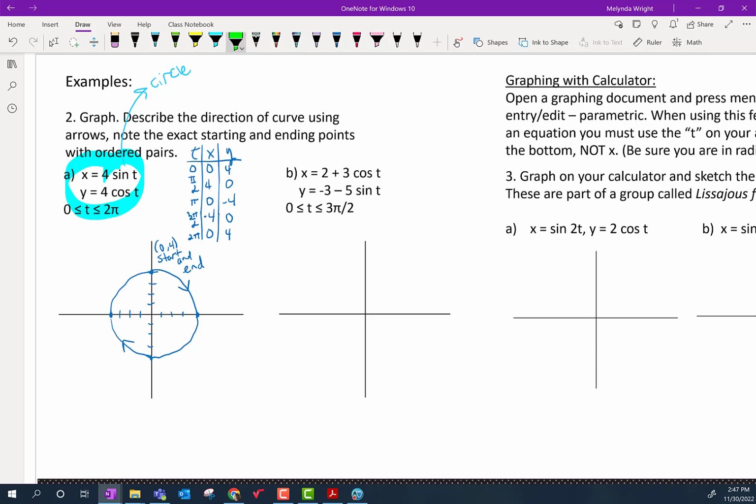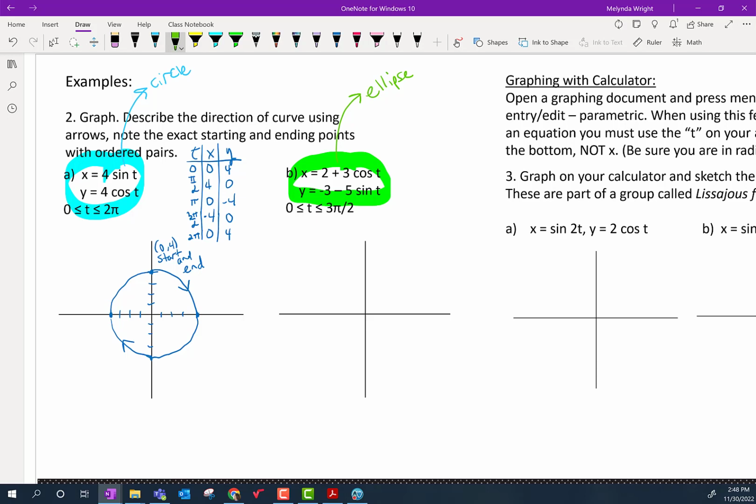If we have additional plus and minus, see the 2 and the 3, if we're adding something to the sine and cosine, that's going to create a different shape, elongated or squished. You've heard them called ovals. We typically call them ellipses. So if you're adding and subtracting from cosine and sine, you're going to get an ellipse.